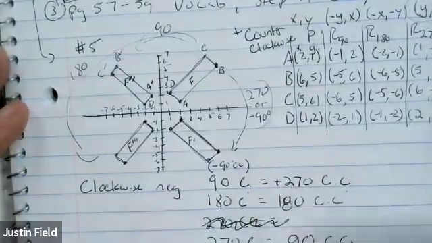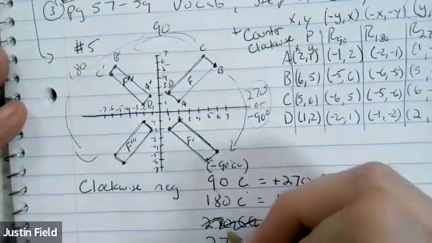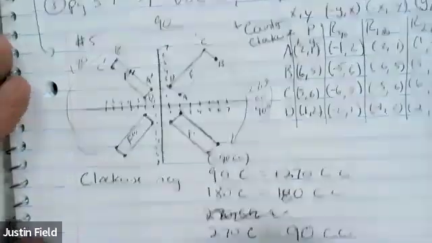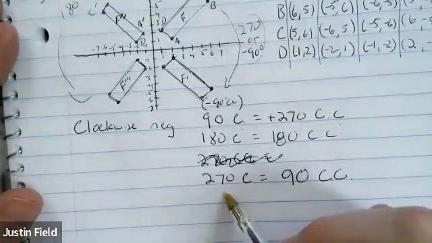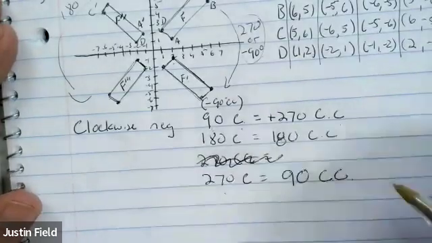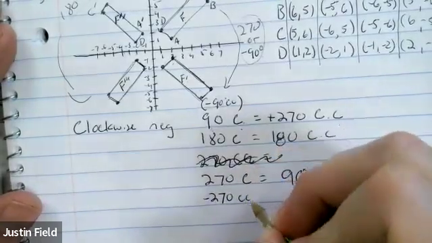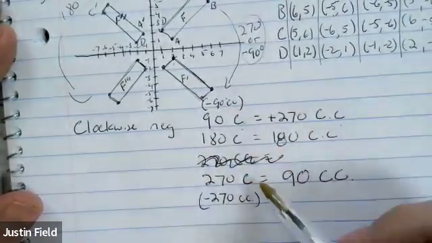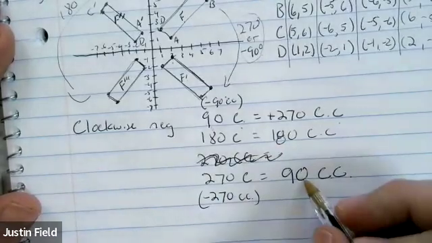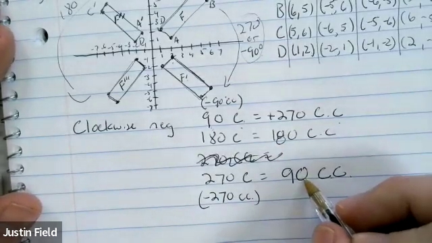See, it's even confusing to me. So 270 degrees clockwise, also known as negative 270 degrees counterclockwise, is equal to 90 degrees counterclockwise.